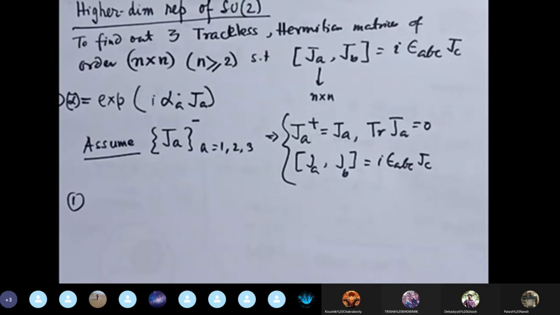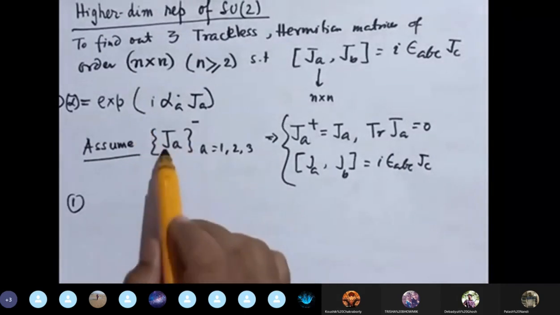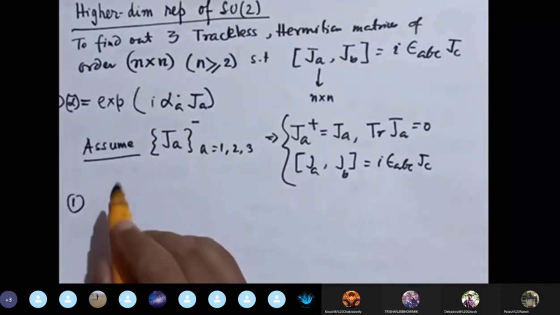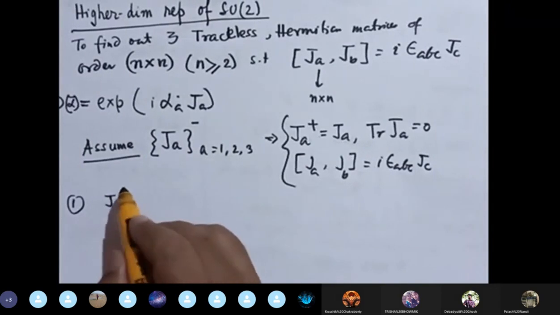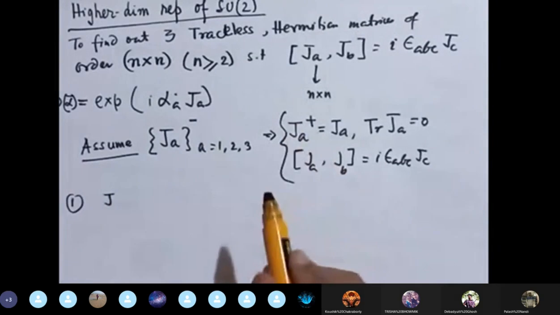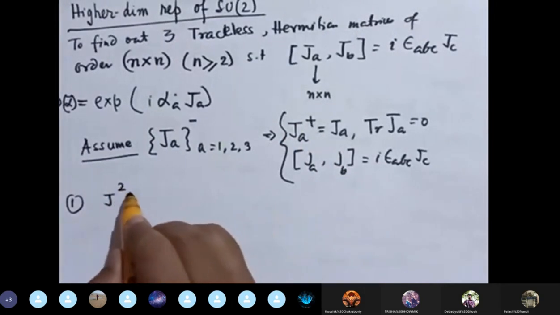In that sense it may be a recap of your angular momentum algebra calculations, but it will show you how to look at the entire thing in terms of a group or a representation of SU2, or how SU2 represents angular momentum. We assume these three generators satisfy this. Now you construct a matrix, or an operator, whatever you say, like this.